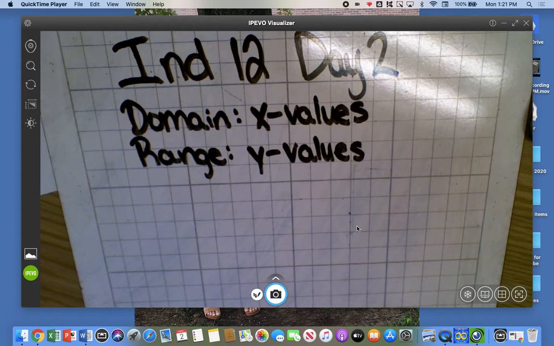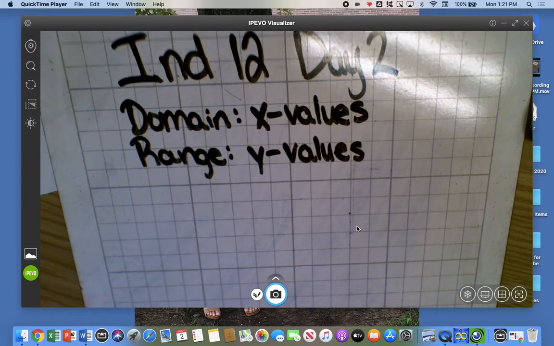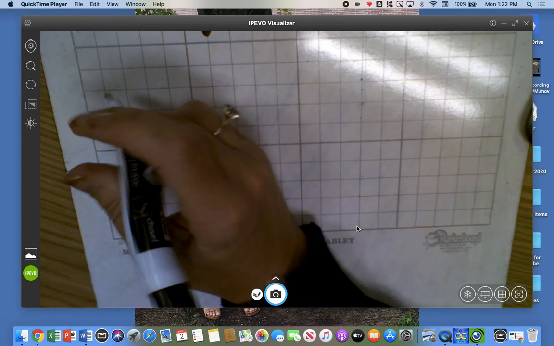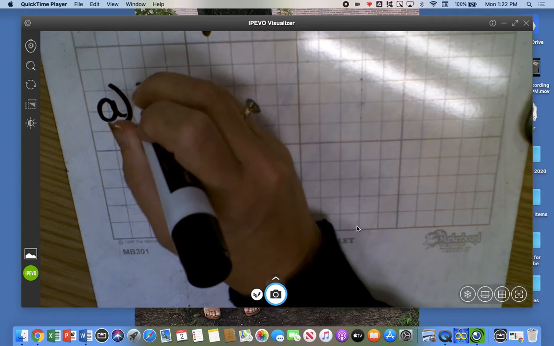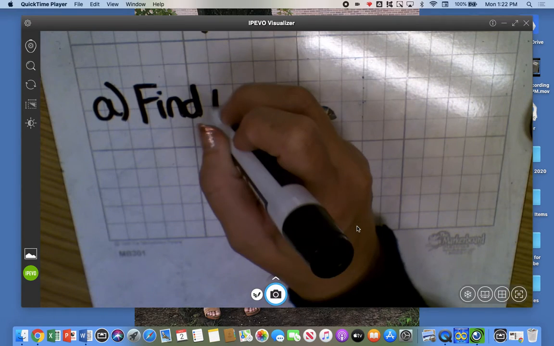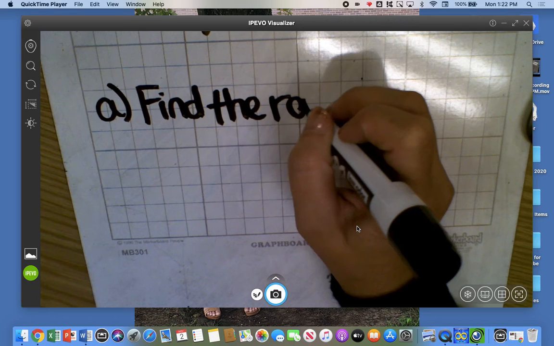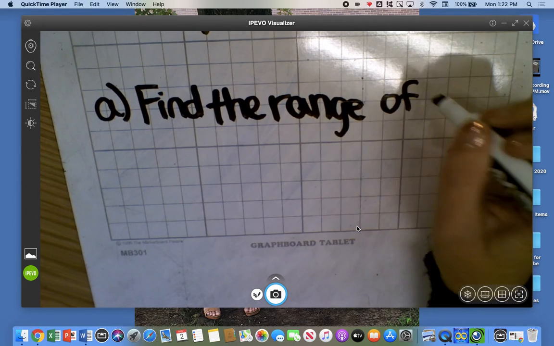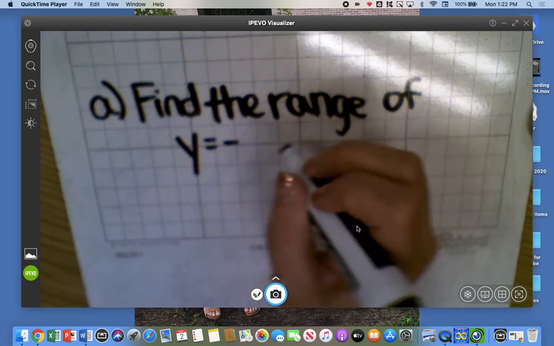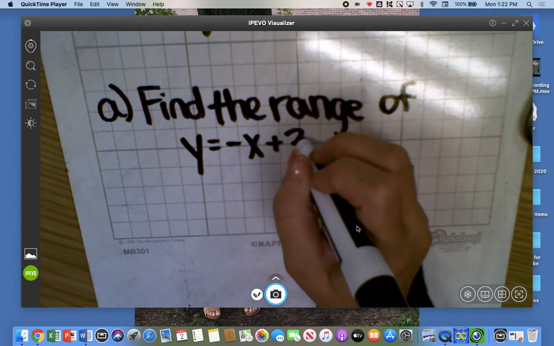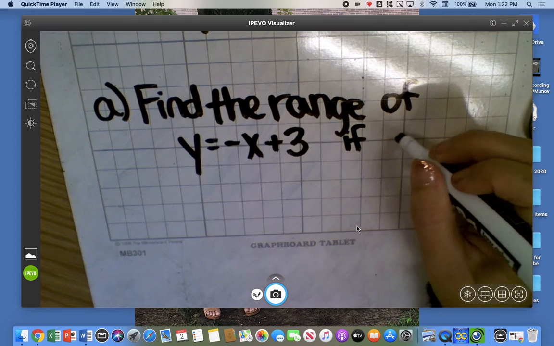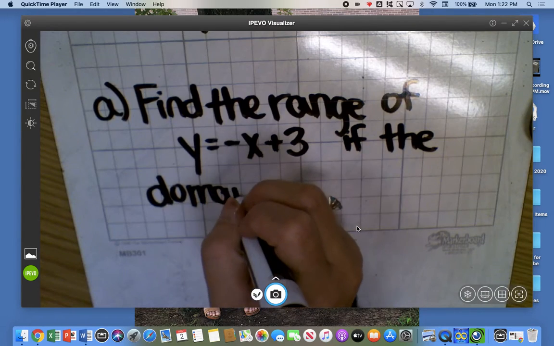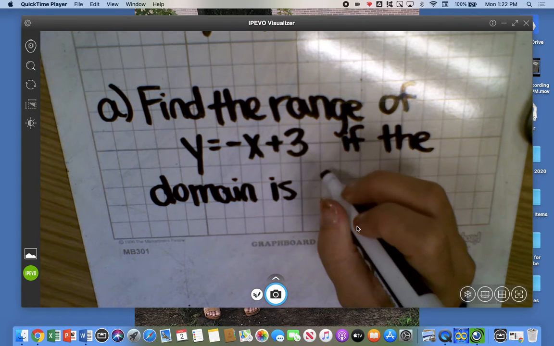For our first example today, we are going to find the range of this equation if the domain is, and I'm going to give you a set.